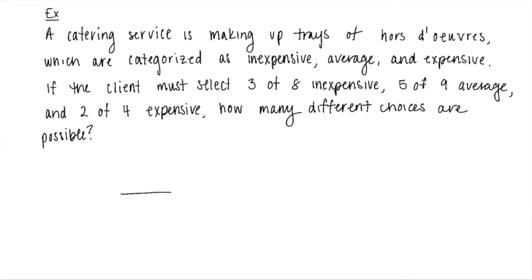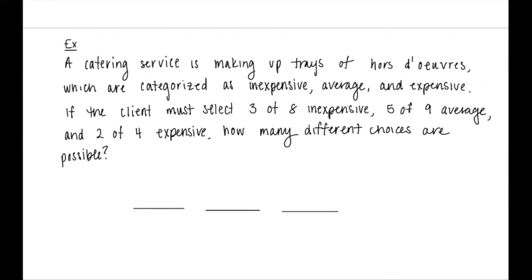So in this case, I've got 3 events. I need to calculate how many on each event, multiply them together. So we're going to figure out how many inexpensive options I have, how many average, and how many expensive options there are.